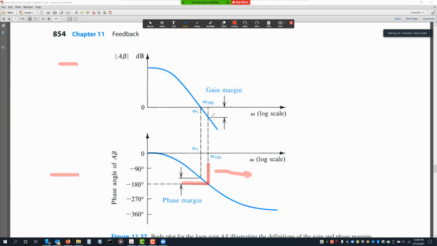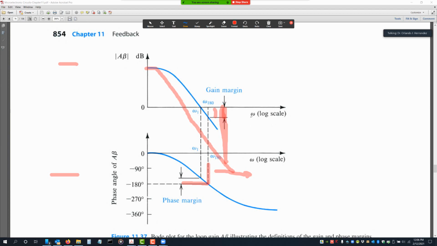So how far at that frequency you are from your gain becoming positive is called your gain margin. And you want this space to be as large as possible, which implies that you want your response to decay faster so that this is larger. That is your gain margin.